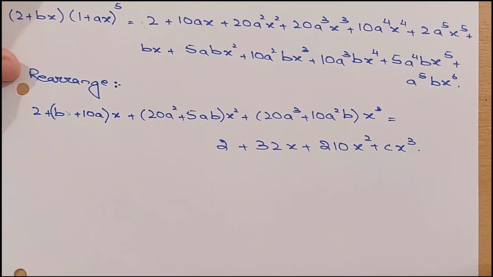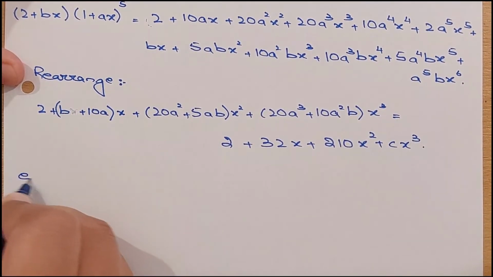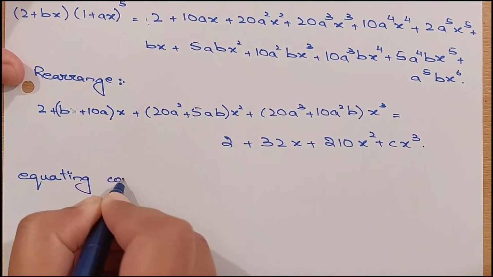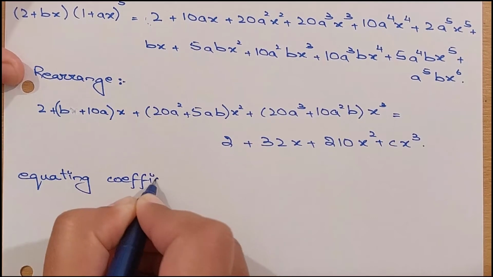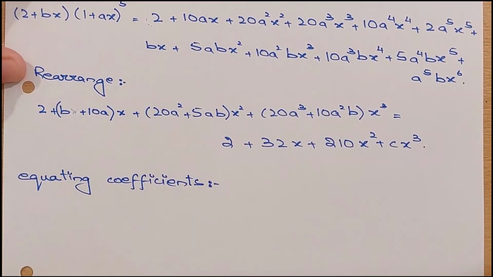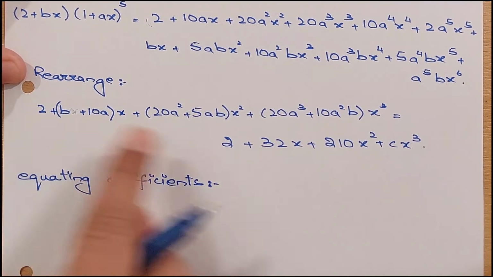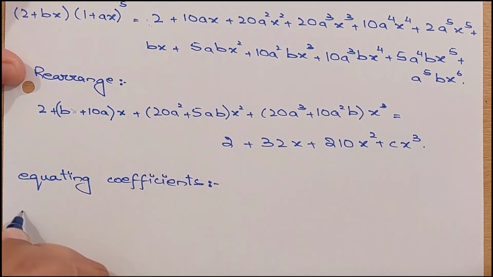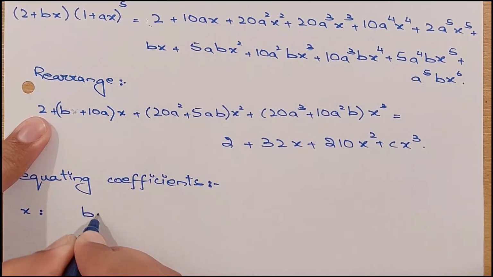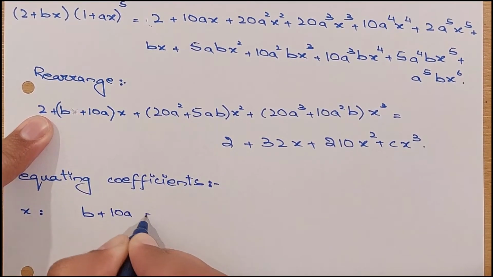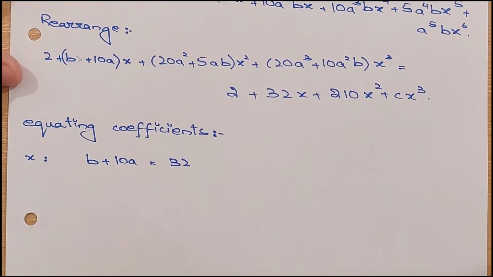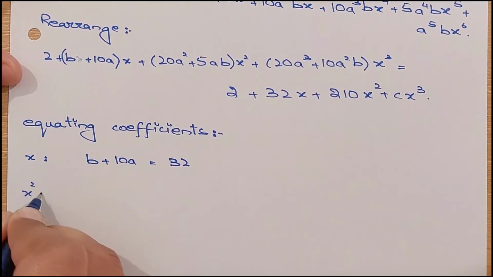Okay, let me equate the coefficients, right? Equating coefficients. First, the coefficient of the constant term. This is a constant term 2 and 2. That is same. Just equate the coefficient of x. So the x coefficient over here is b plus 10a. This is equals to 32. Now let me equate the x square coefficient.